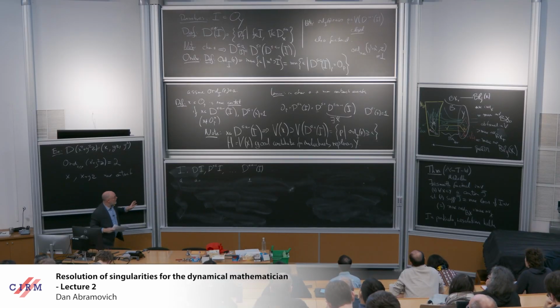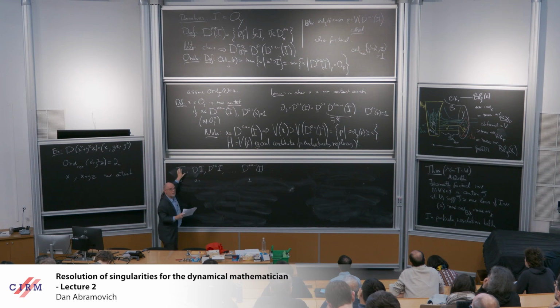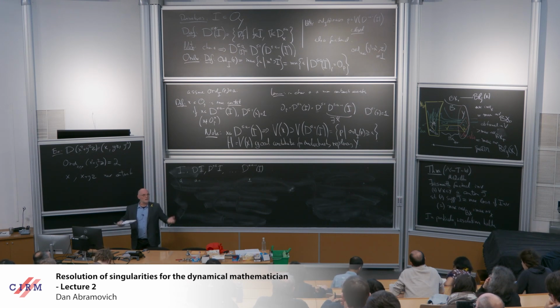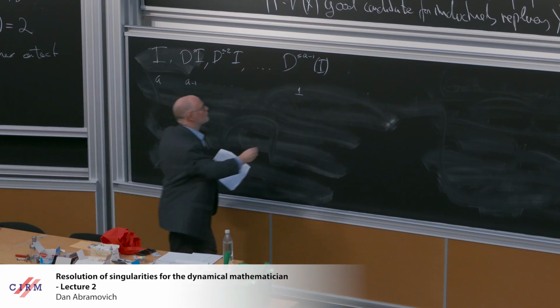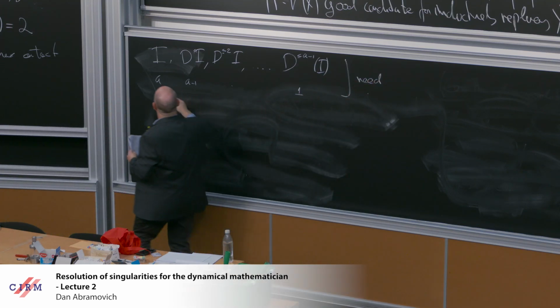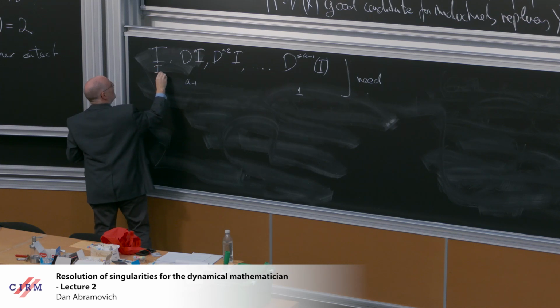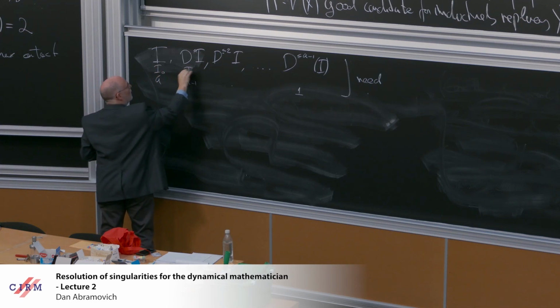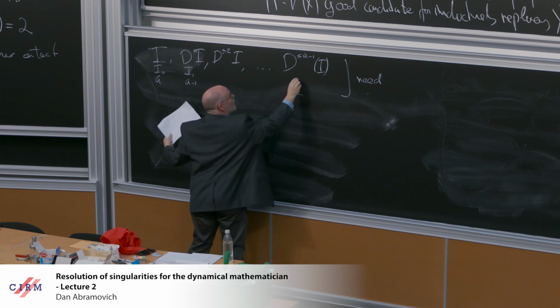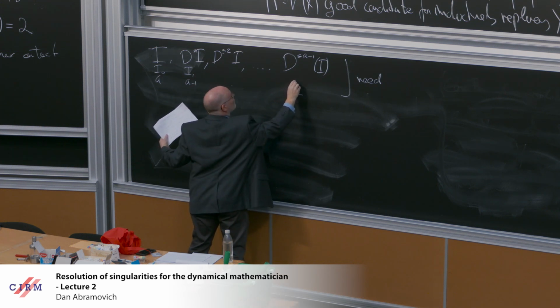So the correct thing to use, and I'll explain this in a minute, is all of these ideals. I want to restrict all of these ideals with their respective orders to the vanishing locus of x. So I'll call this I0, I1. I'm counting the number of derivatives I'm taking.